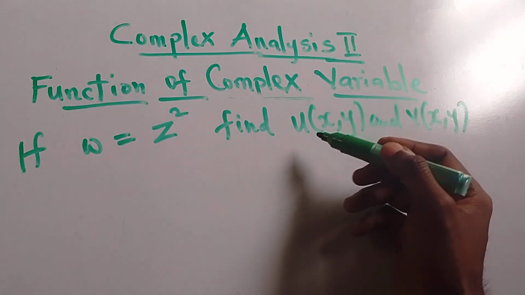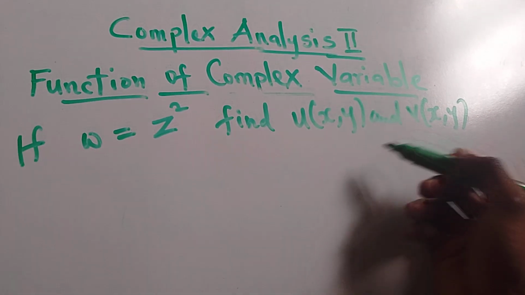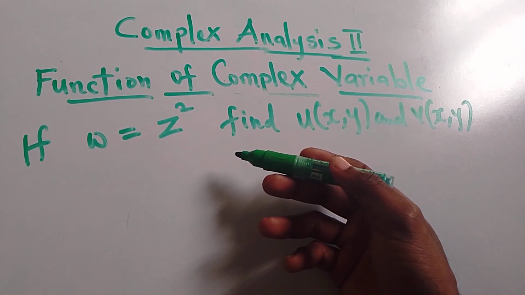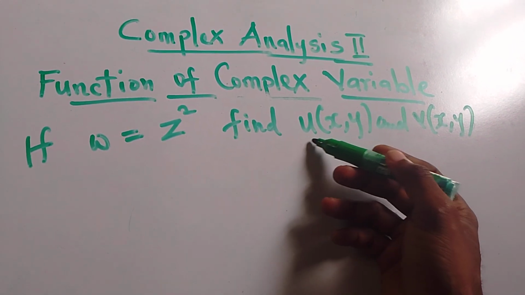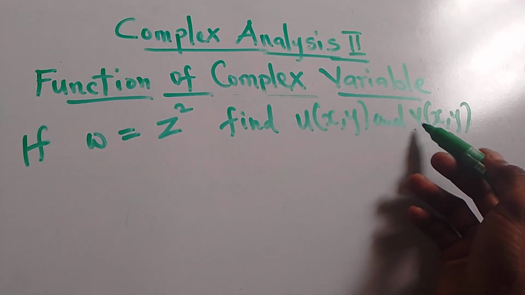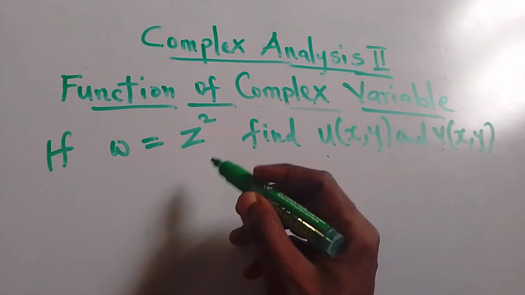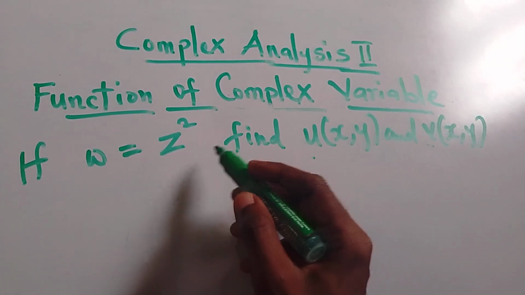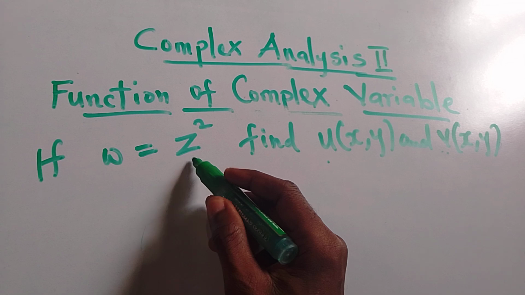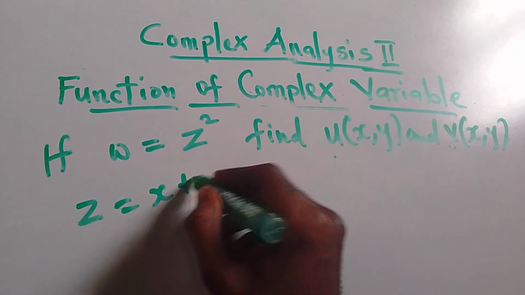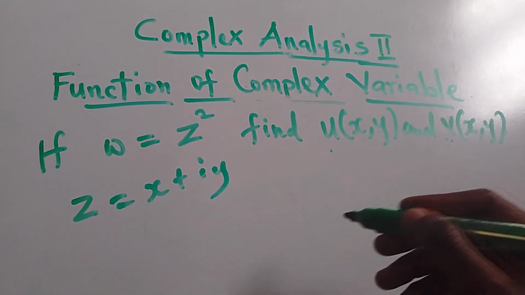So in this case, u of xy and v of xy show that this complex variable has two independent parts, u and v. Now if you look at this question, the value of z is not given, but we know that z is a complex number, which is x plus iy.